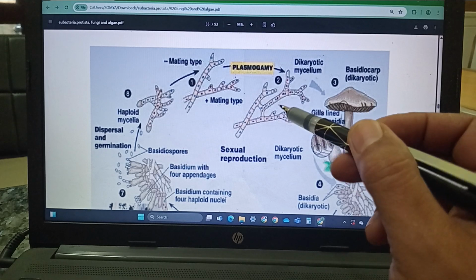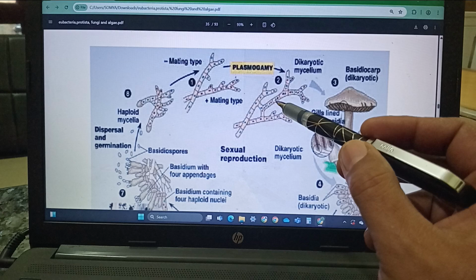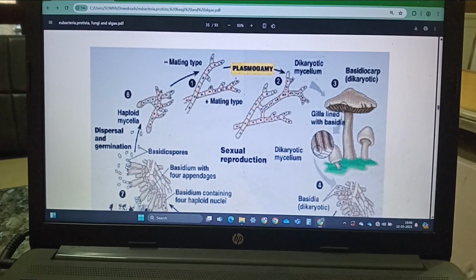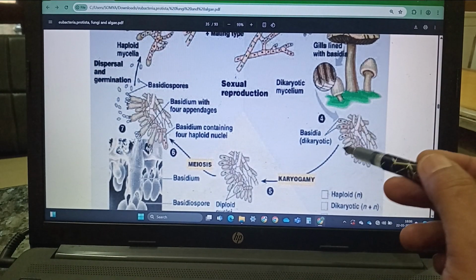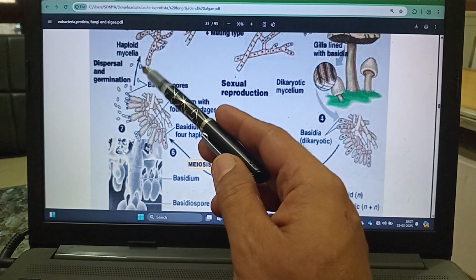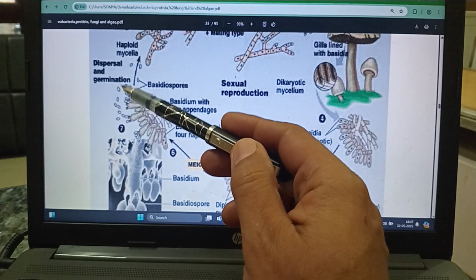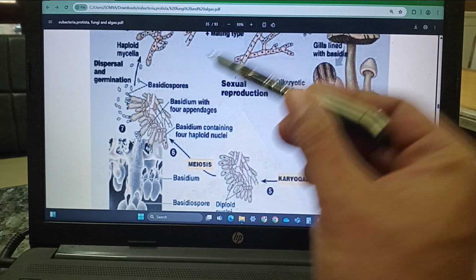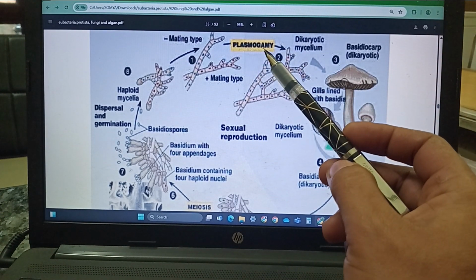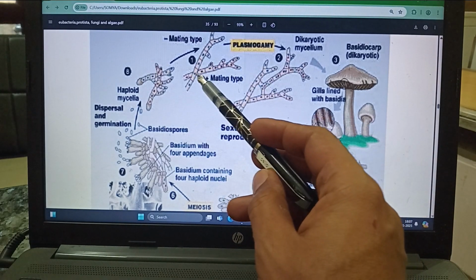So there are 3 steps of sexual reproduction: plasmogamy, the fusion of the nuclei called karyogamy, and then the meiosis in the zygote resulting in the haploid spores. So when the fungus reproduces sexually, the two haploid hyphae of compatible mating types come together and fuse.